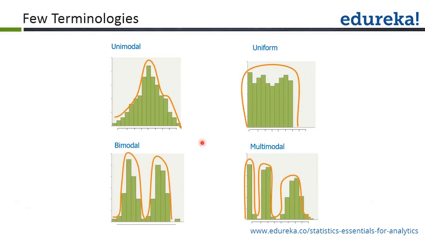Again, these concepts look very simple, but they are extremely important when you are planning to apply them to some real life situation related to the concepts that you are going to learn in statistics and probability. So let's talk about a few examples of when the data might look unimodal.